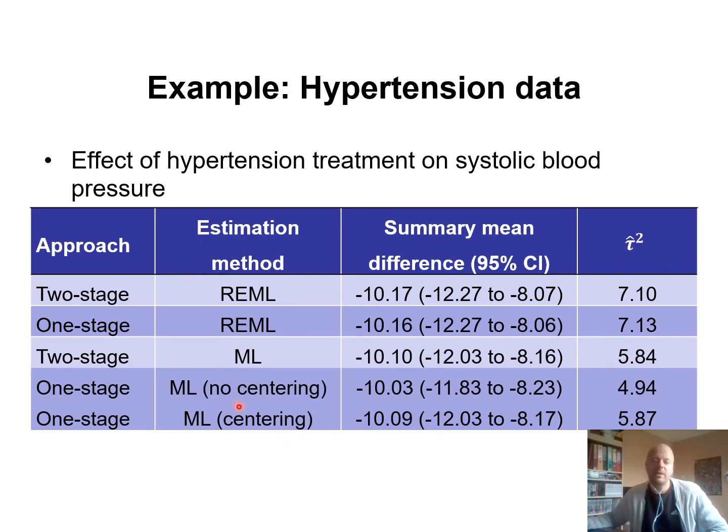Let's have a look at this at the bottom. So the results are as before, but now I've added in maximum likelihood estimation with no centering of the treatment variable. And this is what we had before, isn't it? But now if I center, I get minus 10.09 and 5.87. So this result here at the bottom is now basically the same as the 2-stage analysis when I'd used maximum likelihood estimation.